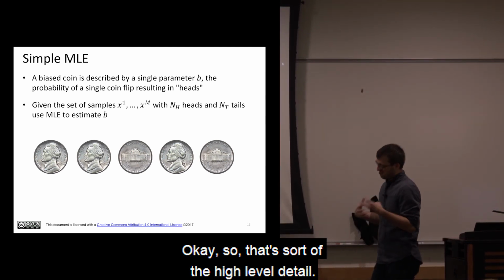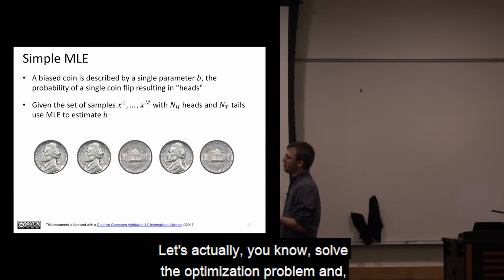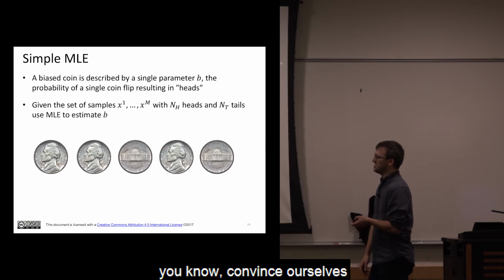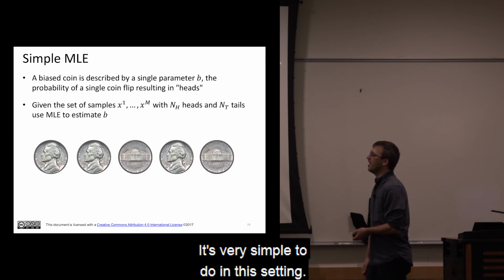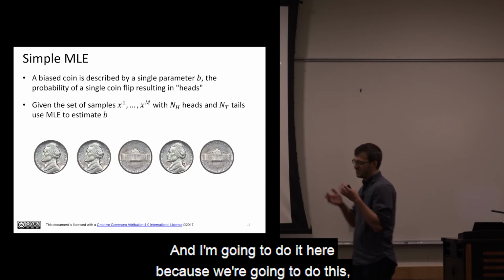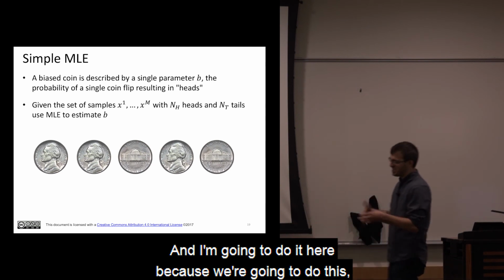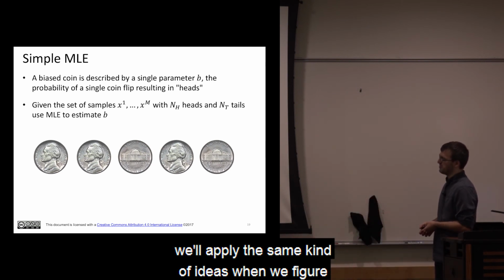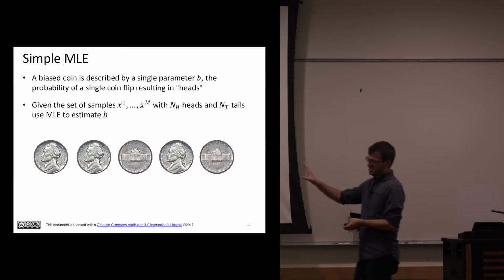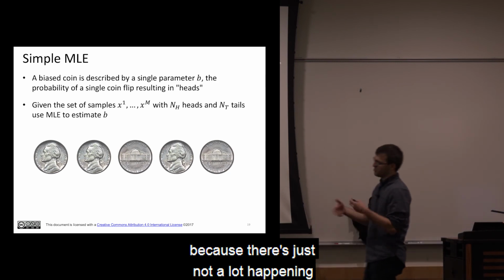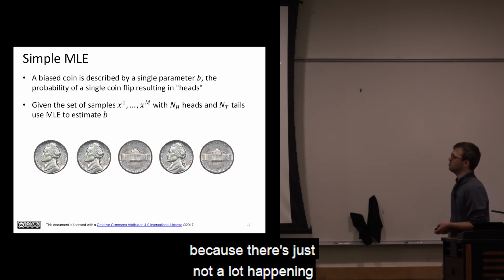Let's actually solve the optimization problem and convince ourselves that this is the right answer. It's very simple to do in this setting, and I'm going to do it here because we'll apply the same kind of ideas when we figure out how it works for general Bayesian networks, and it's just easy to see here first because there's not a lot happening in this simple problem.